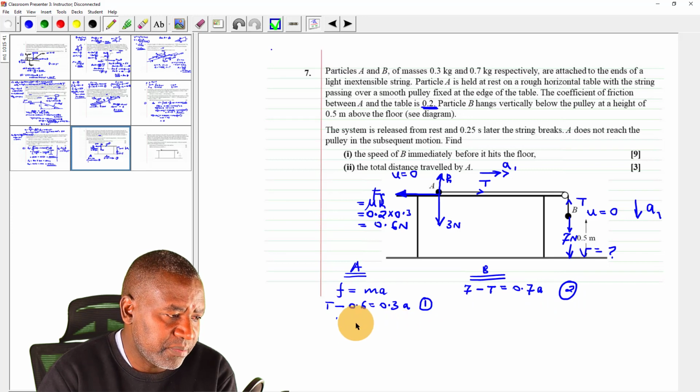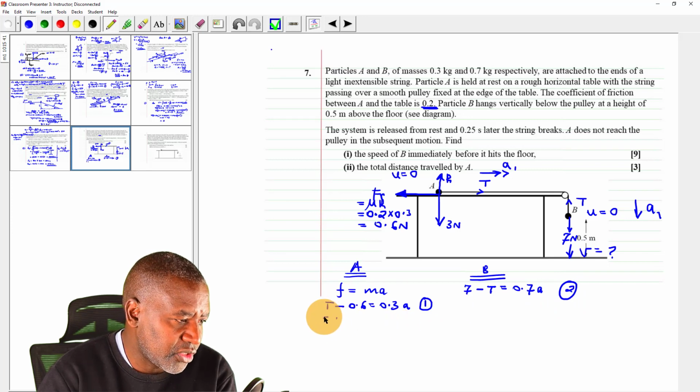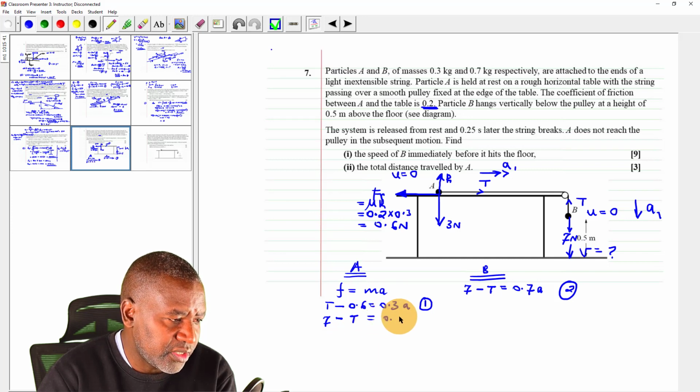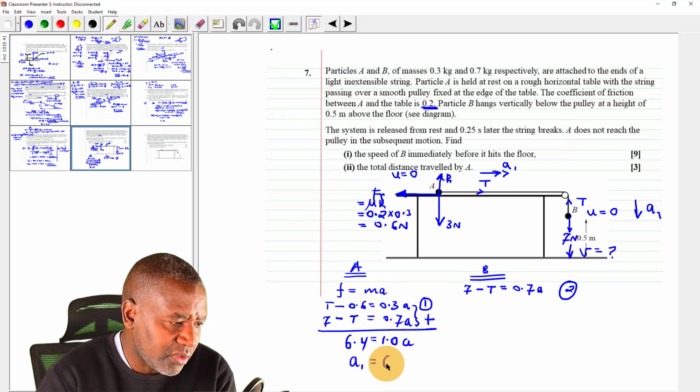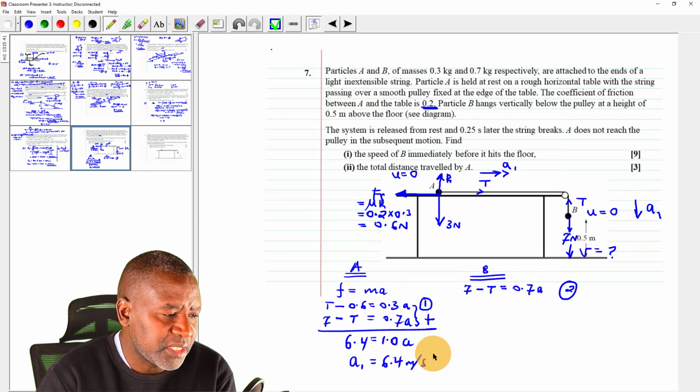I can now put them together. 7 minus T equals 0.7 A. And if I add these 2 equations downwards, in order to get rid of T, I'm going to get 1.0 A equal to 6.4, and the A that I'm calling A1 is now 6.4 meters per second squared.